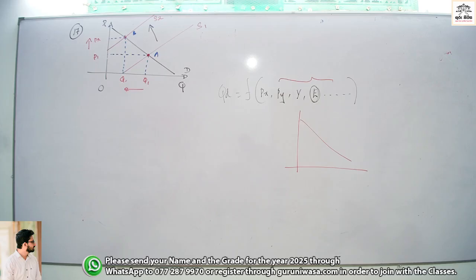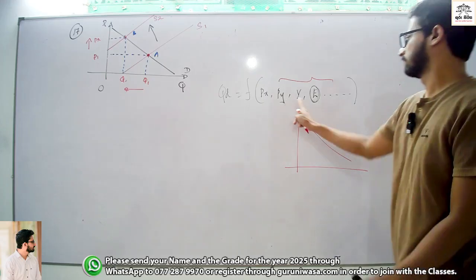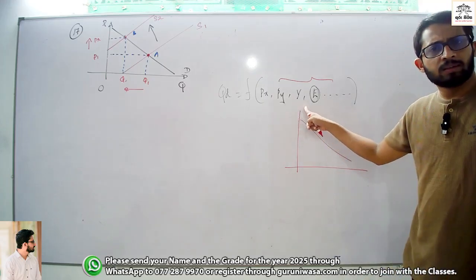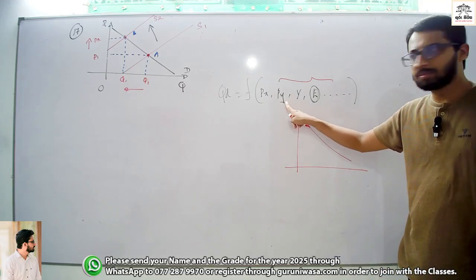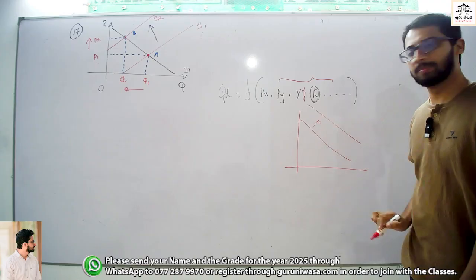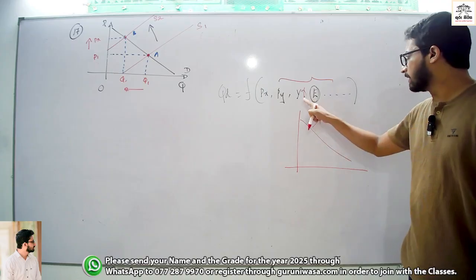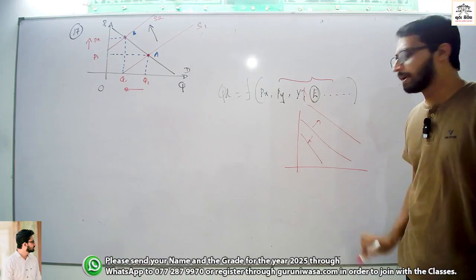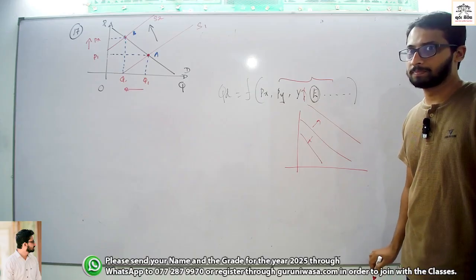No. You have misunderstood, Buddha. If these factors change, the demand curve shifts. Example, if Y increases, buyer's income increases, what happens to the demand curve? The demand curve shifts to the right side. If buyer's income decreases, the demand curve shifts to the left side if it is a normal good. Clear?